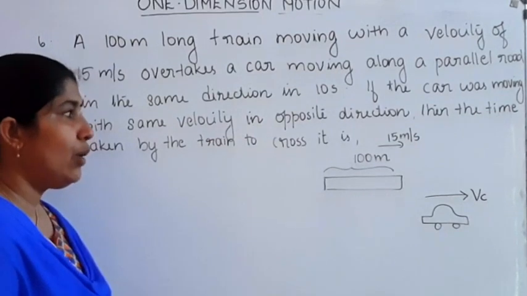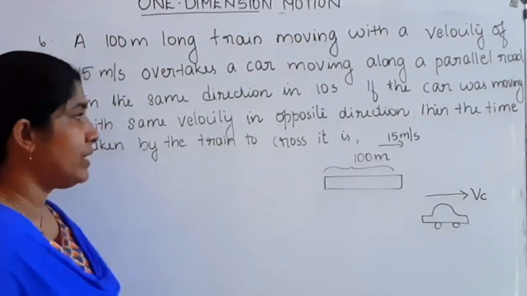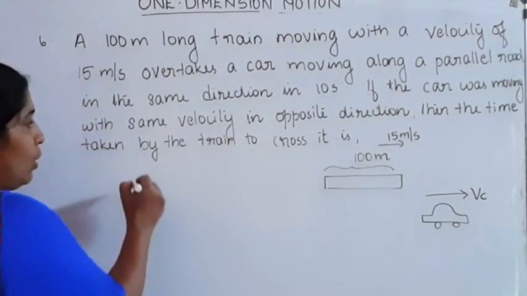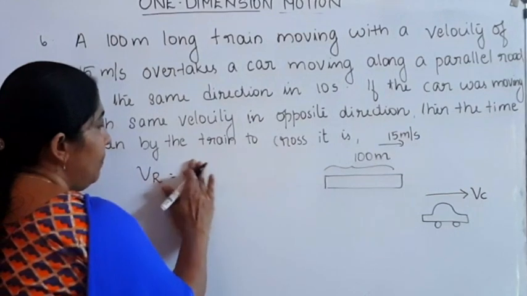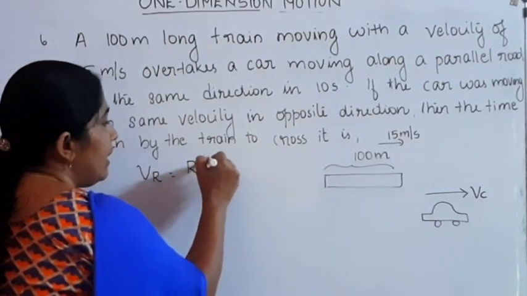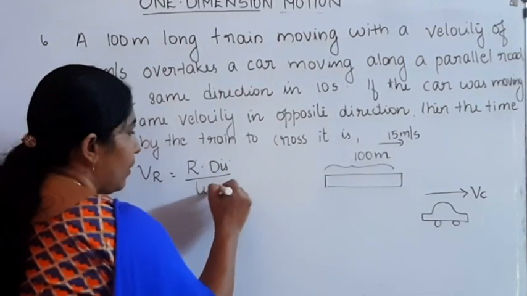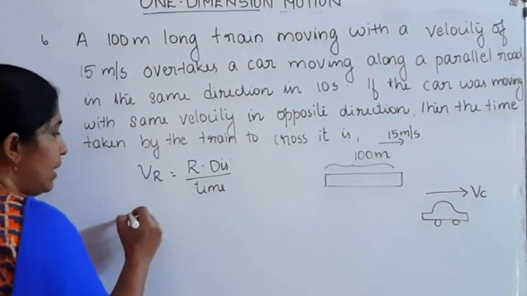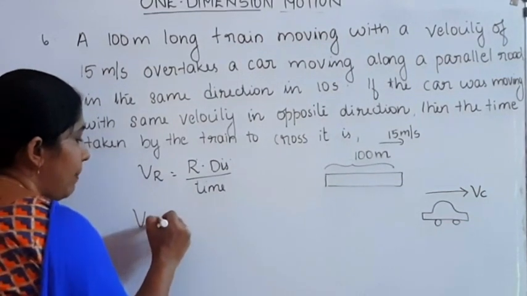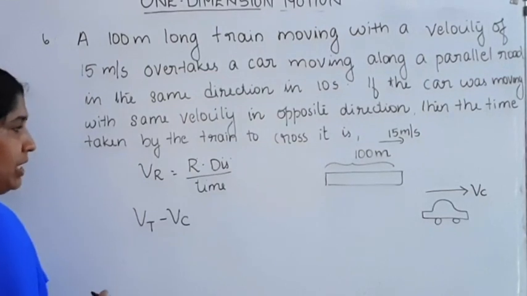So we can find out the velocity of the car by using the relative concept. Relative velocity is equal to relative distance divided by time. Relative velocity is equal to velocity of the train minus velocity of the car, because both are moving in the same direction.